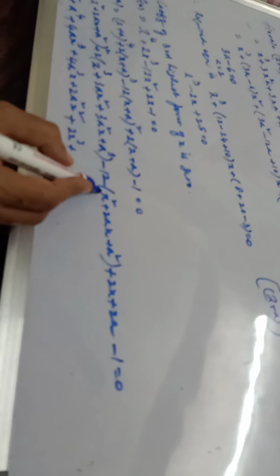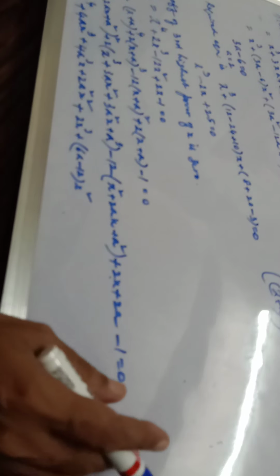Now the x square term: this is 6a x square, here we have one more x square term, so 6a minus 12 into x square. Now this is 6a square x, here we have one more x term, 12 twos are 24ax, here we have a third x term.